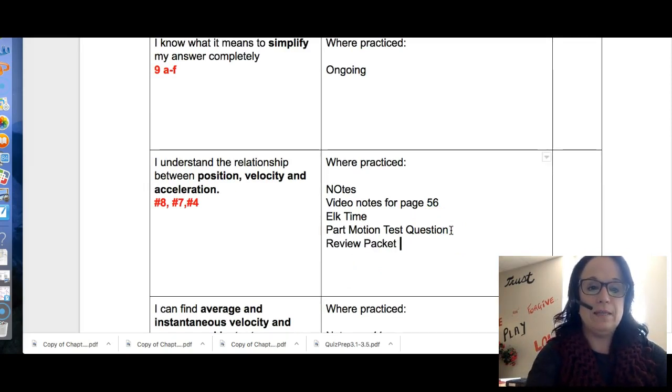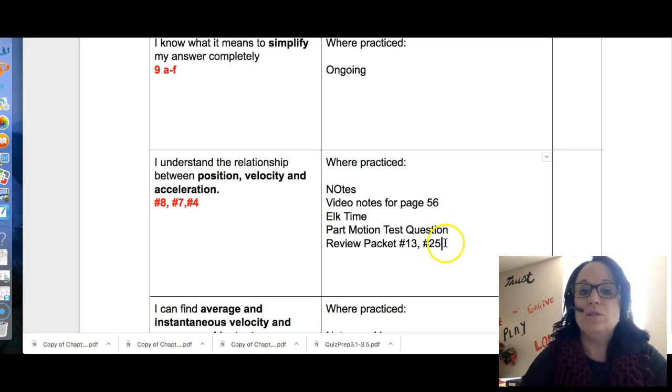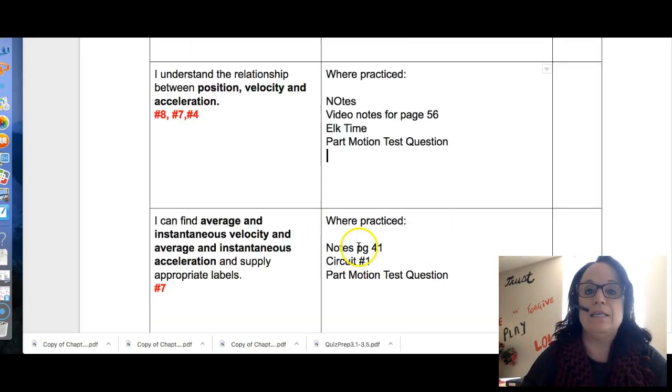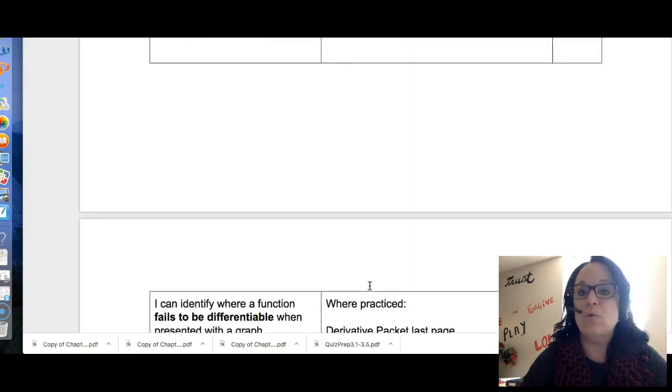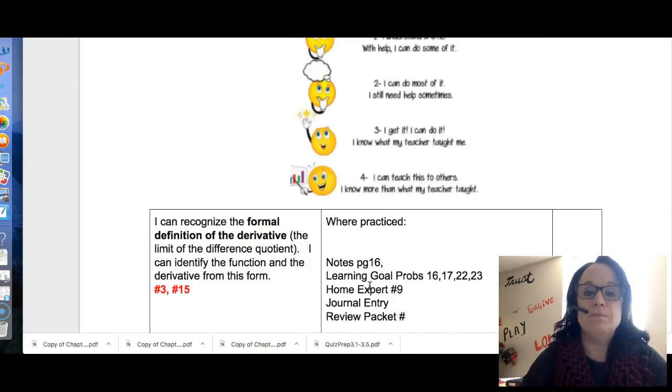So you'll put number 13, and then maybe I ask a multiple choice question about it on number 25, and you're going to add that to it, just so that you have a very clear idea what you're going to be asked, where to go find samples, and how well you currently know it. All right, so that's it.